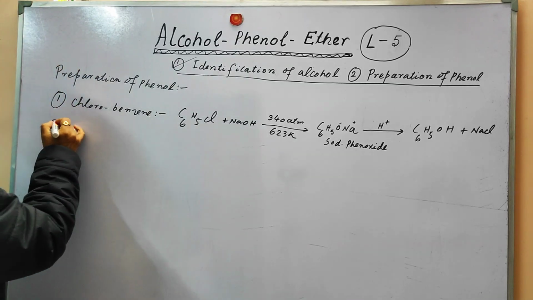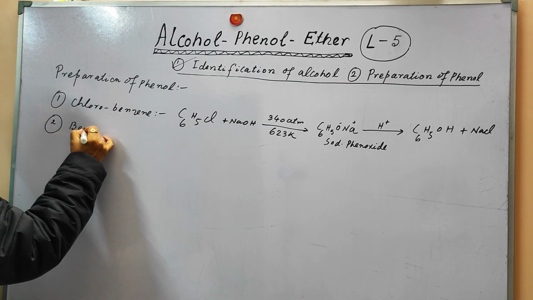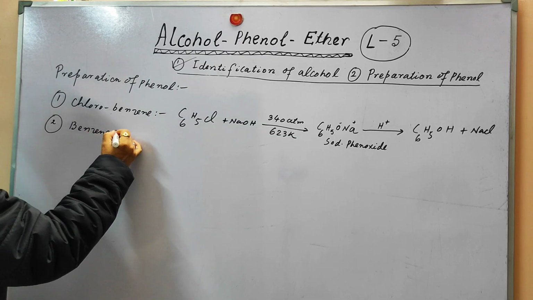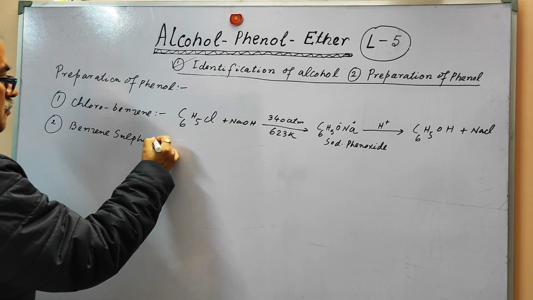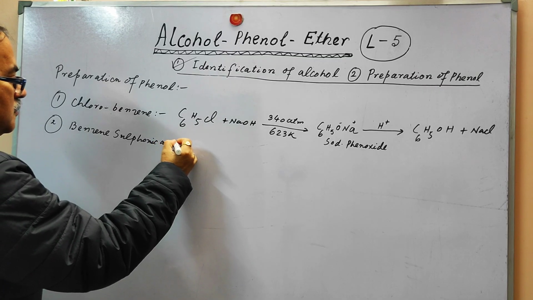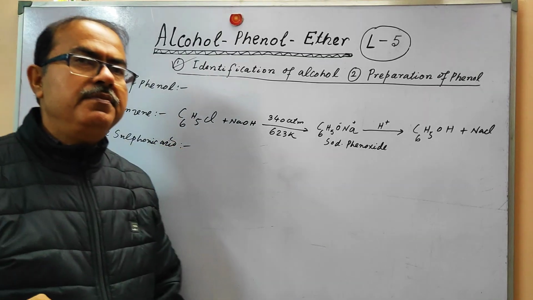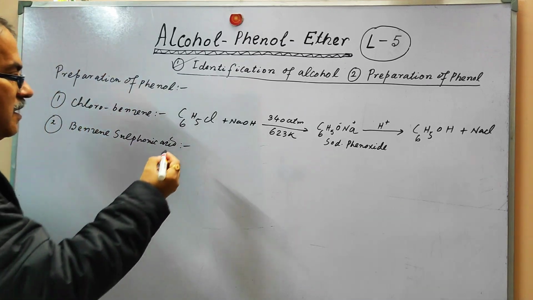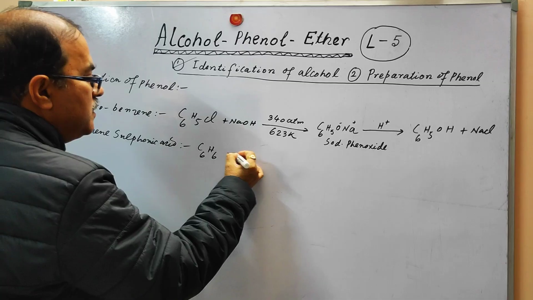Second procedure, that is from benzene sulfonic acid. In this way, first we have to convert the benzene into the benzene sulfonic acid, and this can be done by treating the benzene with oleum.